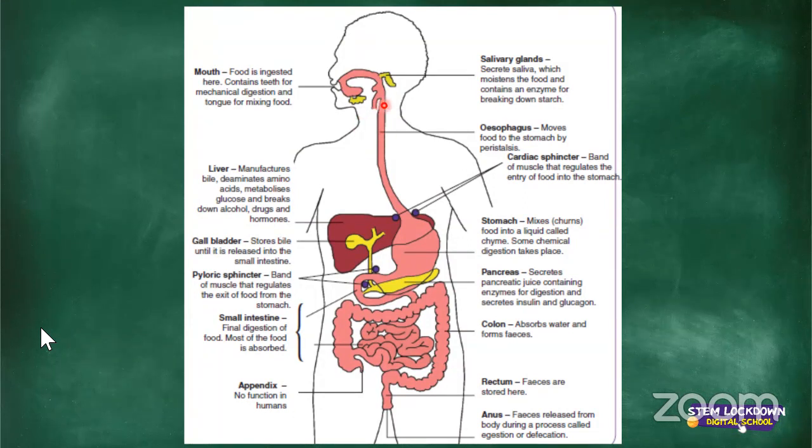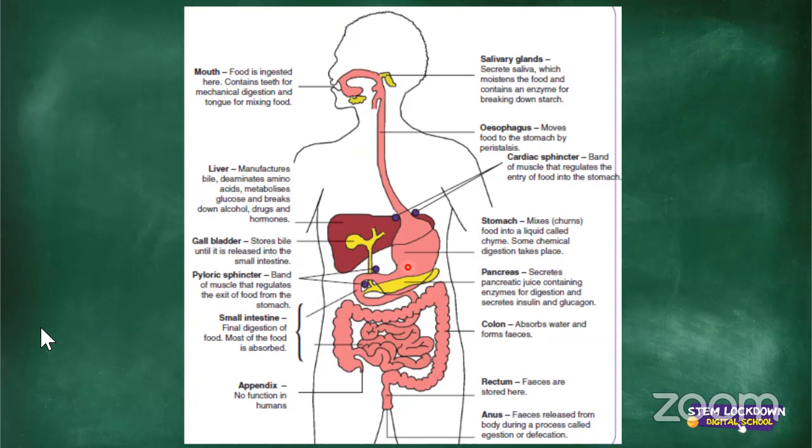And we said that the food bolus moves down to your stomach via peristalsis. We got to the stomach and we spoke about mechanical digestion happening in the stomach. We also spoke about the chemical digestion that takes place, the enzymes that are released, and that once the food is mixed, we have an acidic liquid called chyme.